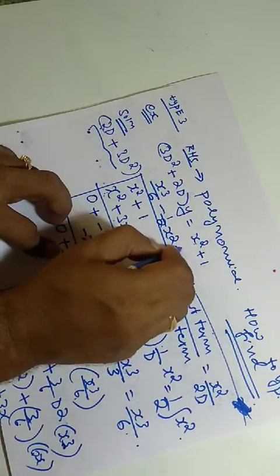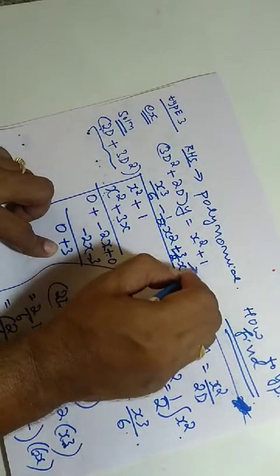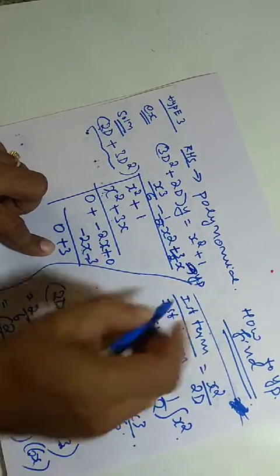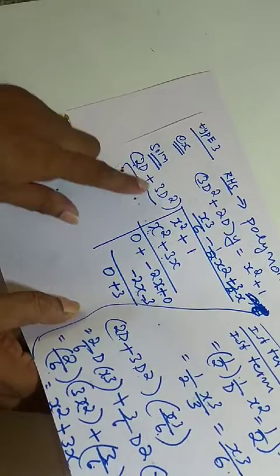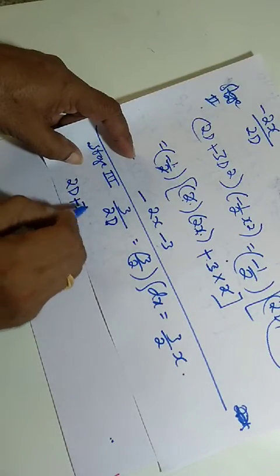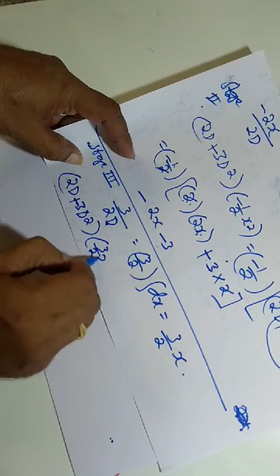This I should write here, 3 by 2x. So this total will be your yp. Let us write that later. Therefore this 3 by 2x whatever you got should be multiplied to 2D plus 3D squared.